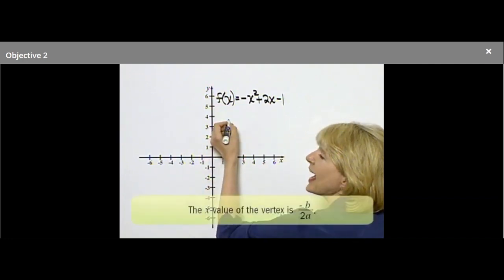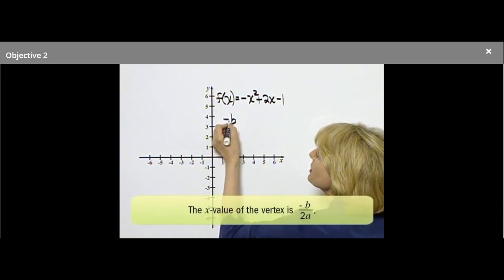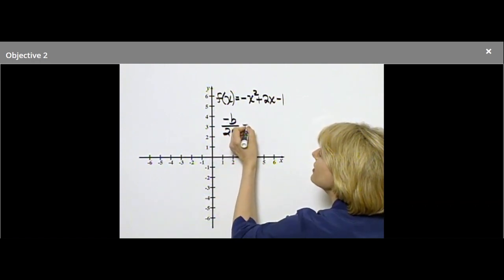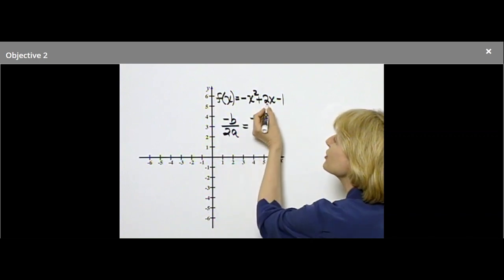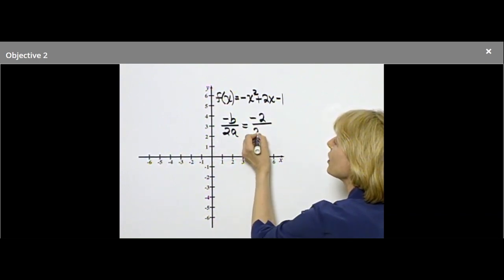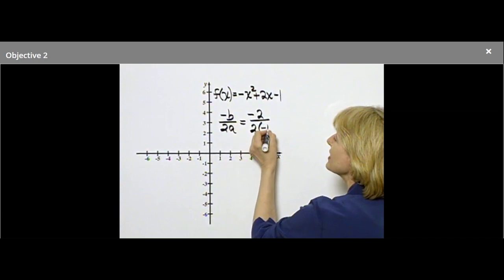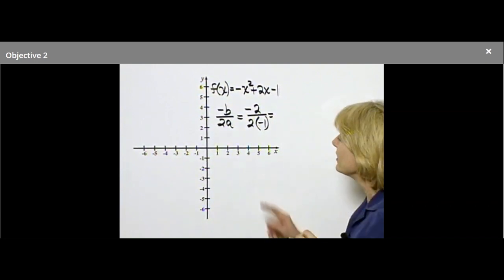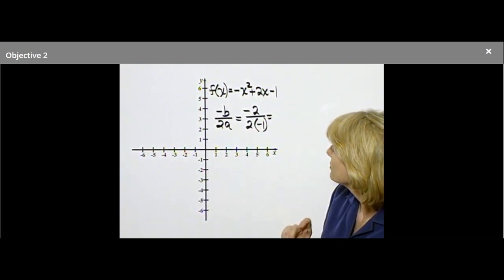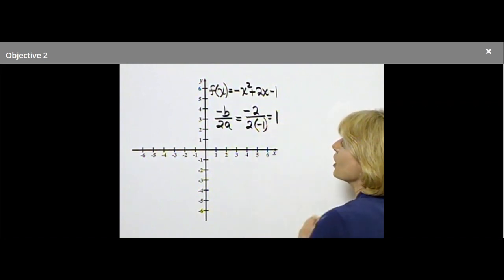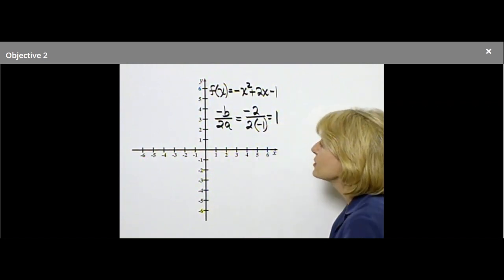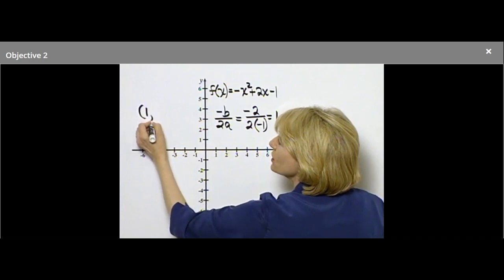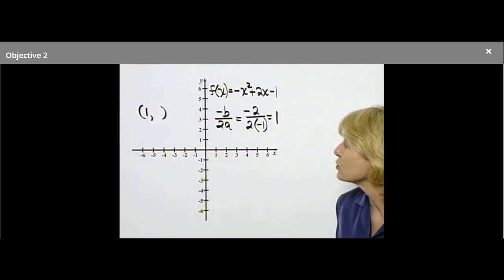The vertex has x-coordinate negative b over 2a. So in our case, negative b is negative 2 over 2 times a, which is negative 1. That's negative 2 over negative 2, which is a positive 1. So the x value of the vertex is 1.